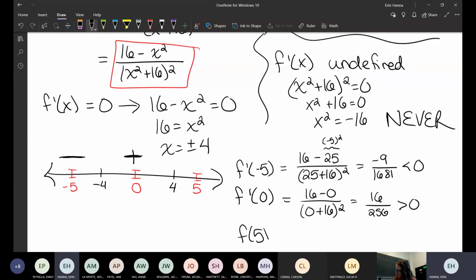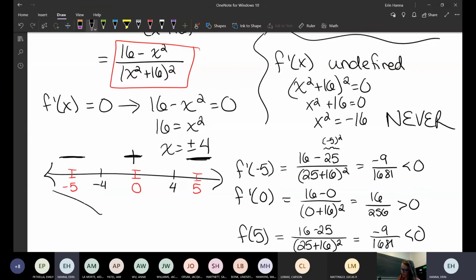Plugging in positive 5 essentially gets us the same thing as plugging in negative 5 in this specific case, which will get us the negative 9 over 1681 again. So we'll have a negative. So we're decreasing, then increasing, then decreasing.